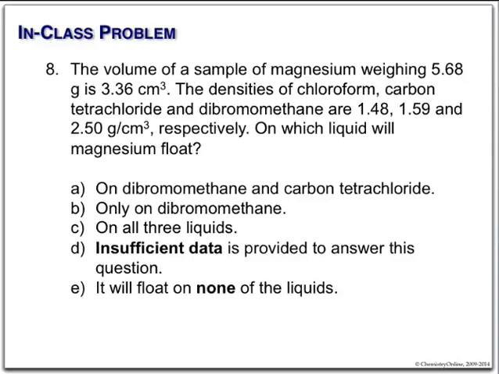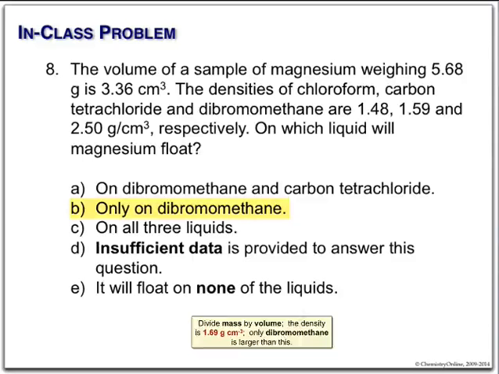If the density we calculate is less, it will float. If it's more, it will sink. Turns out that dibromomethane is the only one on which it will float.